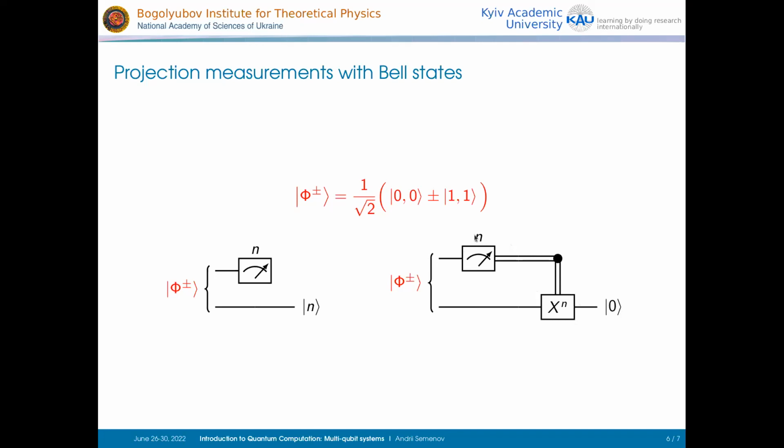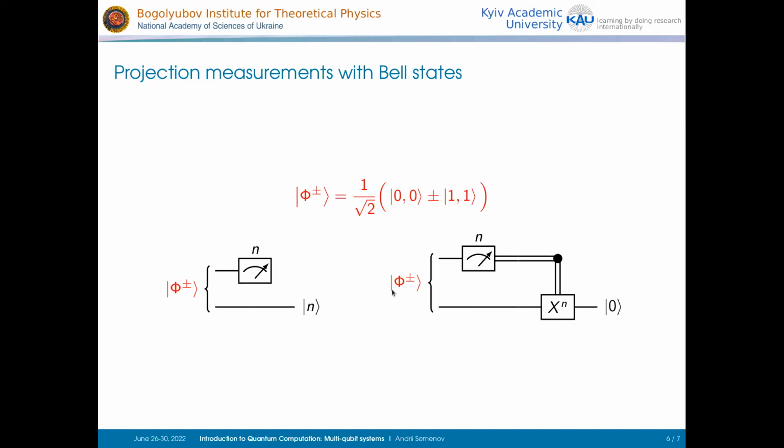When you have result 1, you put it here, the gate X to the n changes your result, and again it was 0, then 1, but this is again 0. Such a stupid scheme, which always gives you 0, but it can be a little bit modified.